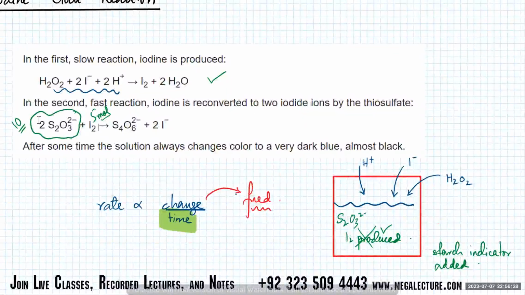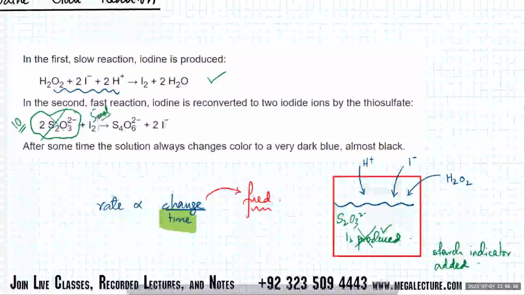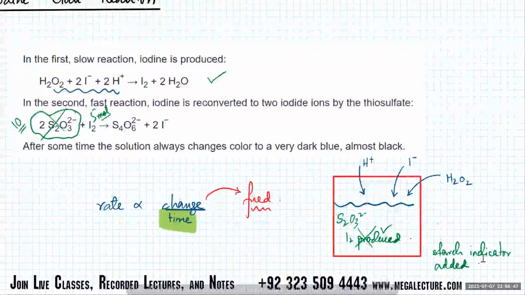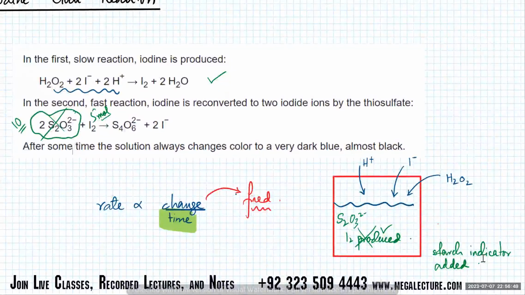They're going to go and react with the thiosulfate, and so nothing happens, right? But after the first 5 moles, all the thiosulfate has been used up. So now, if the first reaction produces any further iodine, then that iodine is going to go and react with starch, and it will go blue-black. Is this clear? Yep.